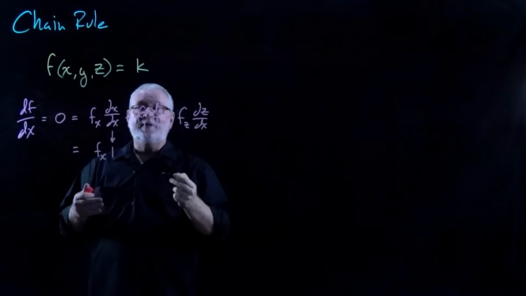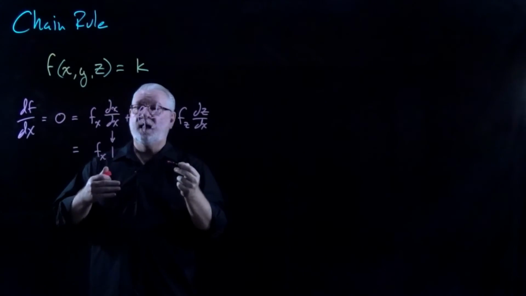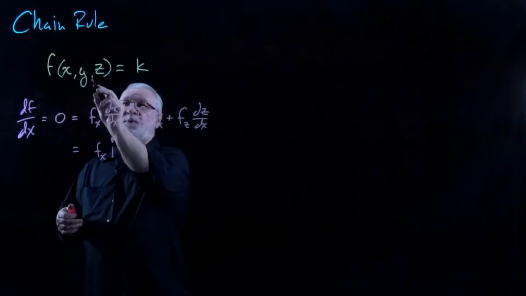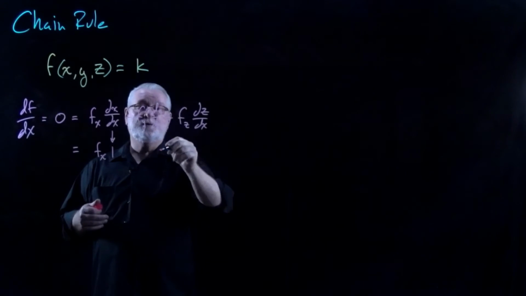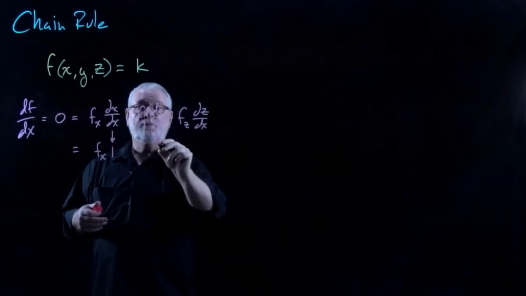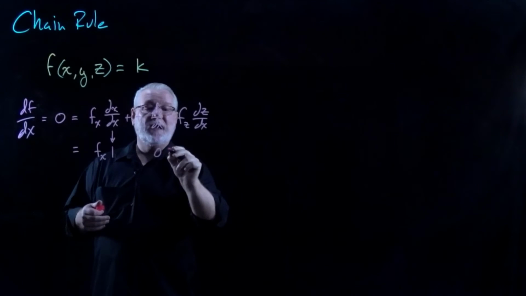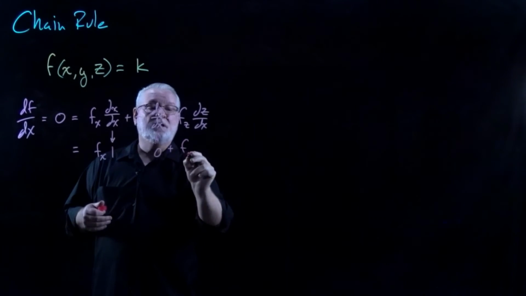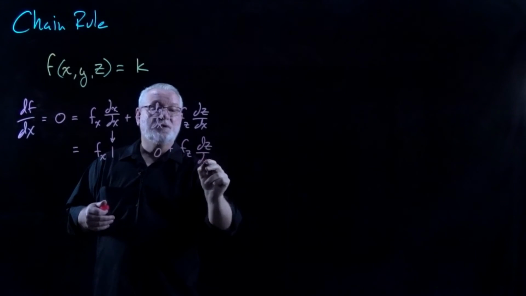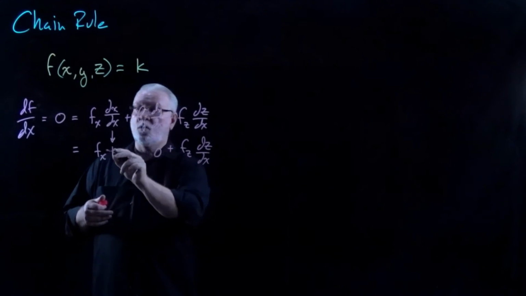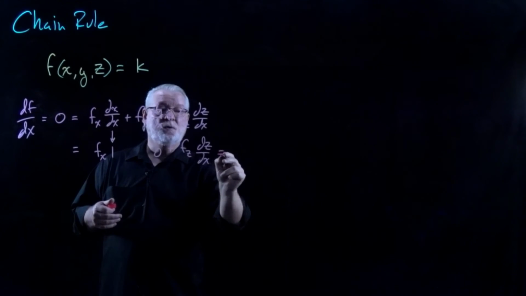The partial of y with respect to x is 0 because y isn't a function of x. These are independent variables, so none of them have anything to do with each other. Y with respect to x would be 0. And so the middle term is 0. And then I add on to that the partial of f with respect to z times the partial of z with respect to x. And of course, all that still adds up to 0.